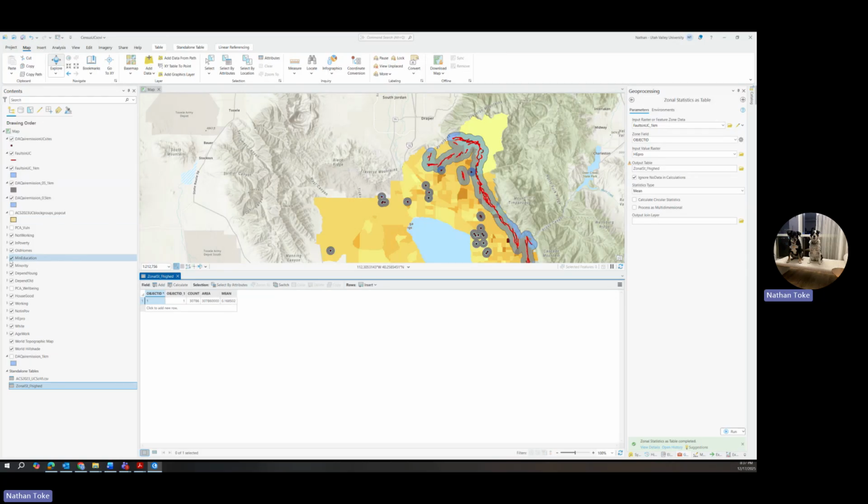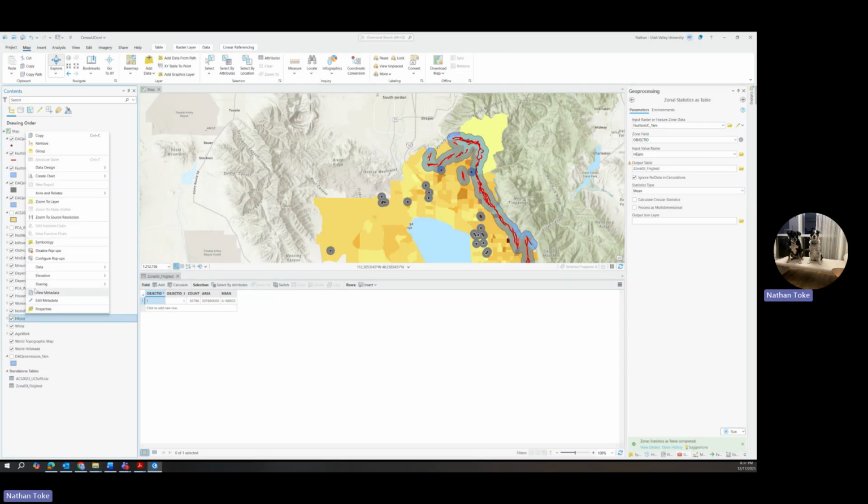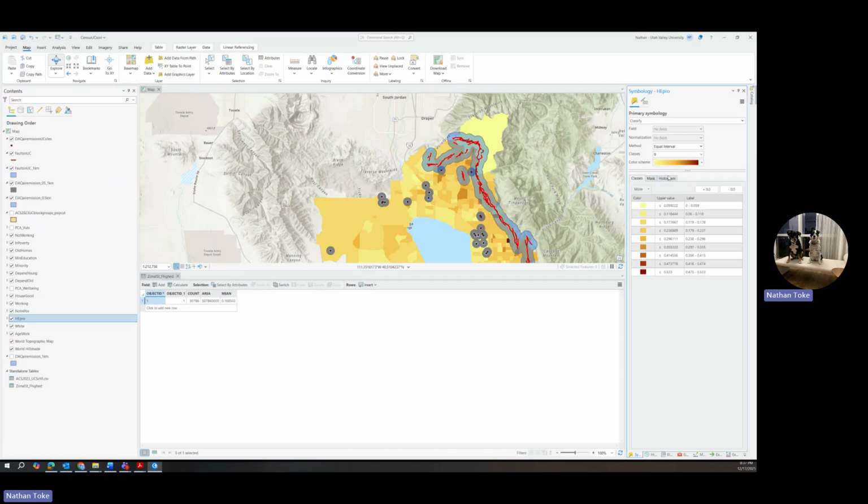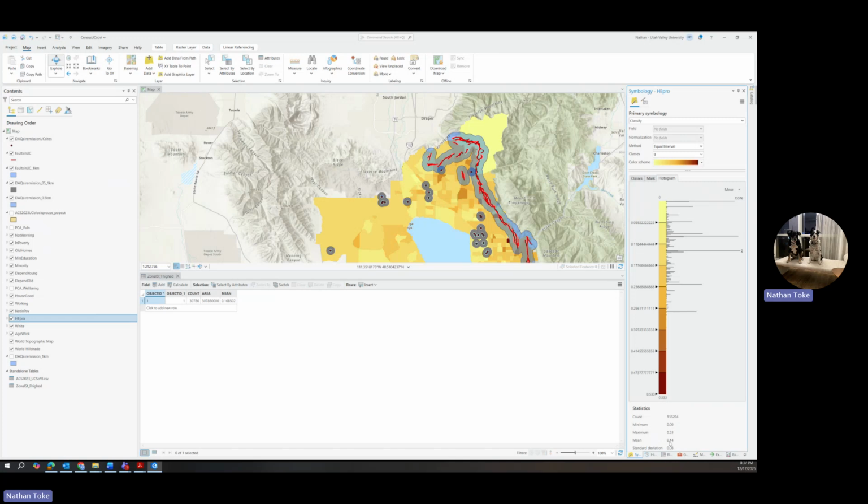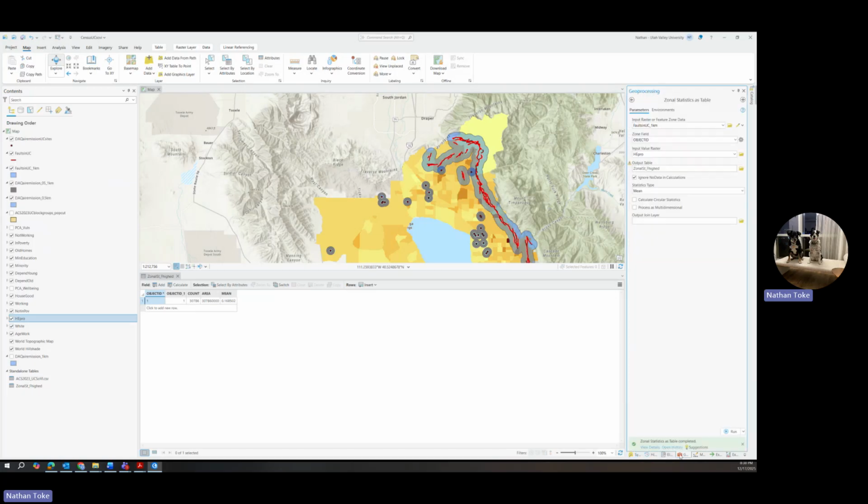If we look at the general data for that, if we go to the symbology and the histogram and show statistics, on average within block group pixels across the area, it's 14% have graduate degrees. And so within 1 kilometer of the fault, it is 2% higher, is what that's telling us.